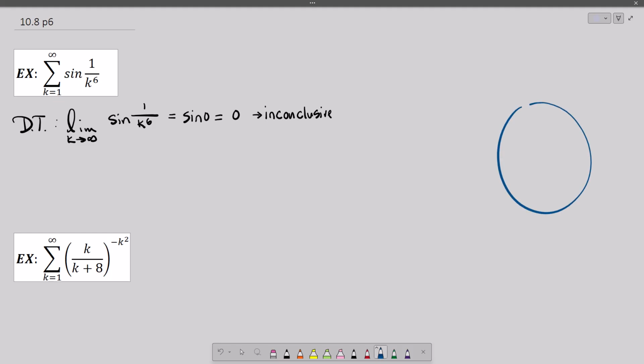Let's take a look at a picture of sine of x versus x. When we are looking at this guy here, this is the angle, acting like theta.